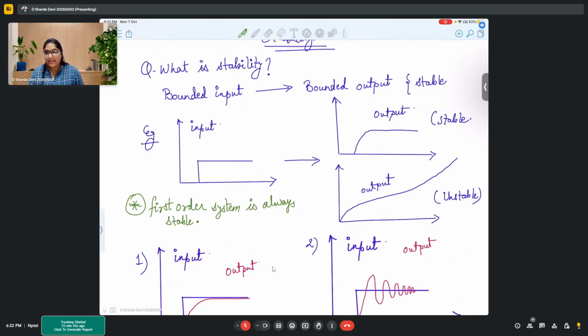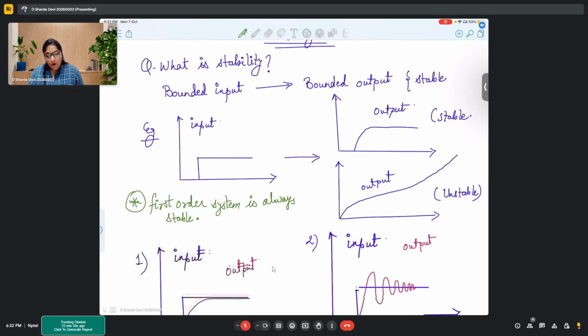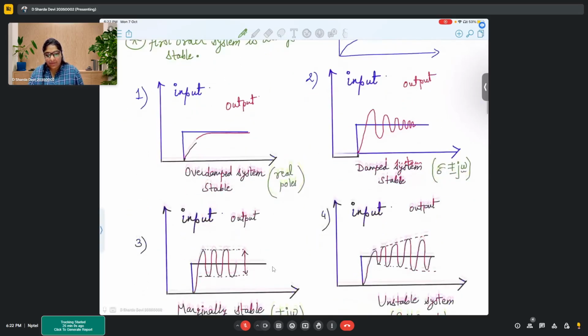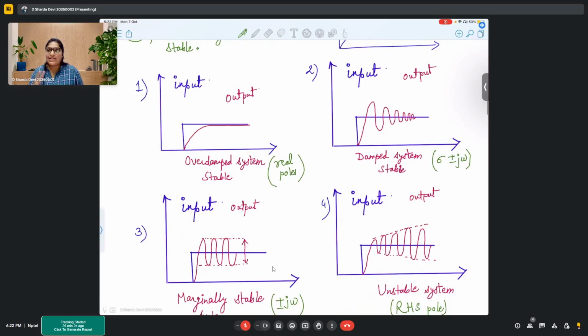We'll discuss why, and I'll take that up based on phase margin idea, which will come very soon. But for now, the first order system is always stable. All these output behaviors that we have observed till now are for second order systems. Your system will have two poles.